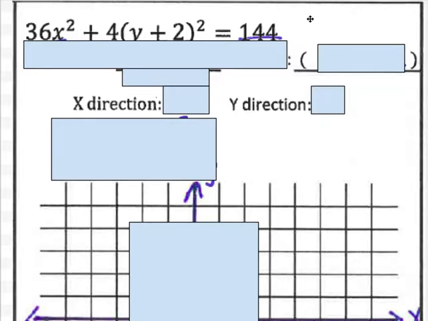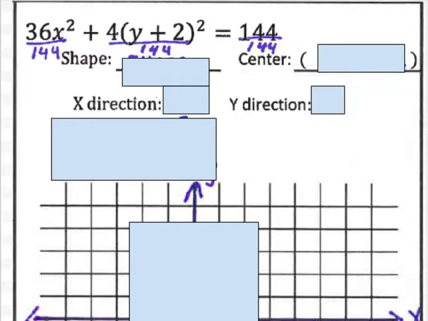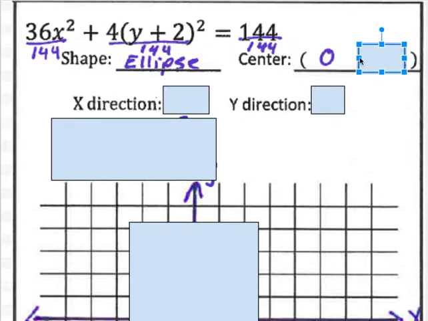All right, last example that we're going to go through, we have this equation, and we need to divide everything by 144. And again, it is an ellipse. Because we're not adding or subtracting anything to the x, the center is going to be at 0 for the x value, and then -2 for the y value, because I'm adding 2 here.